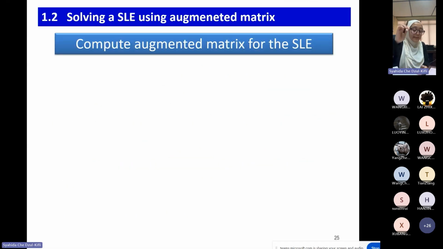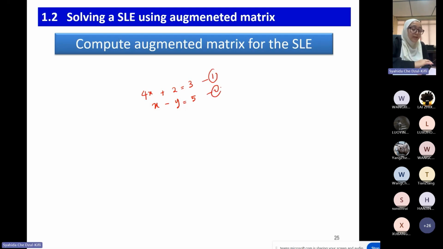Okay, let's say we have x minus y equal to 5, and x plus y equal to 3. How are you going to solve this?